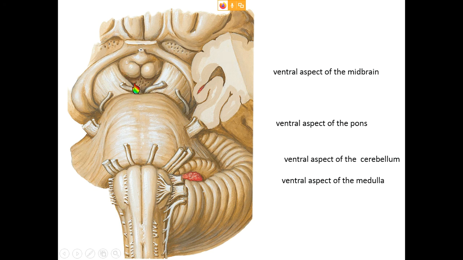This substance is called the posterior perforated substance, which is pierced by the central branches of the posterior cerebral arteries. The posterior perforated substance, which is present in the interpeduncular fossa, is pierced by the central branches of the posterior cerebral arteries.